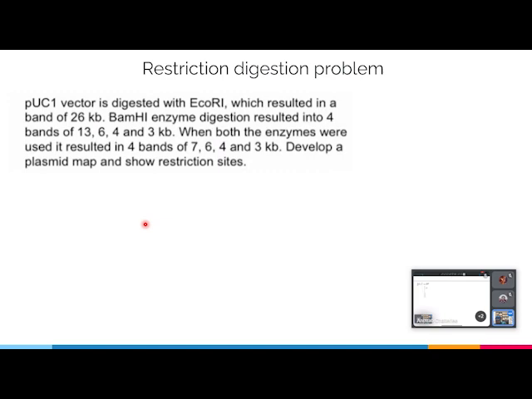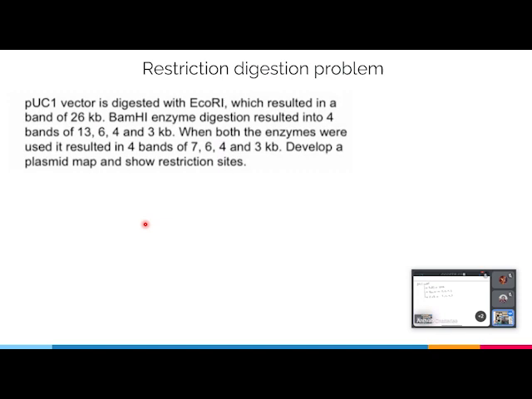First was EcoR1, and it formed a single 26 kb band. Next we had BamH1, which formed four bands: 13, 6, 4, and 3. And finally we had EcoR1 plus BamH1, which again formed four bands only: 7, 6, 4, and 3.